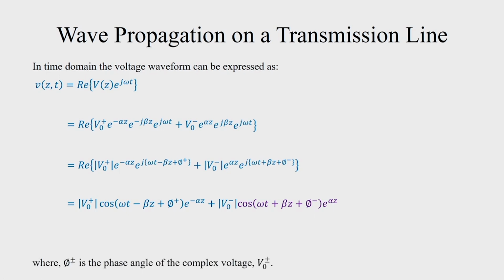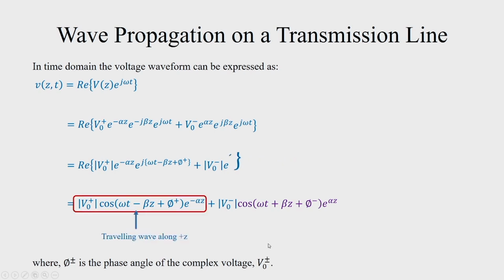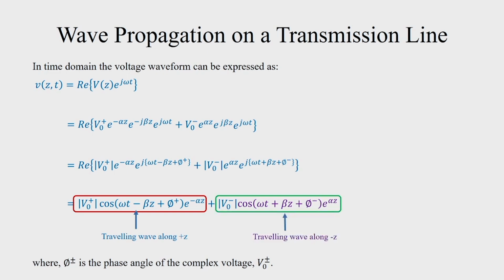Phi plus and phi minus are the phase angles of the complex voltages V naught plus and V naught minus. The first term represents a wave which is travelling in the plus z direction. Similarly, the second term represents a wave travelling in the minus z direction.